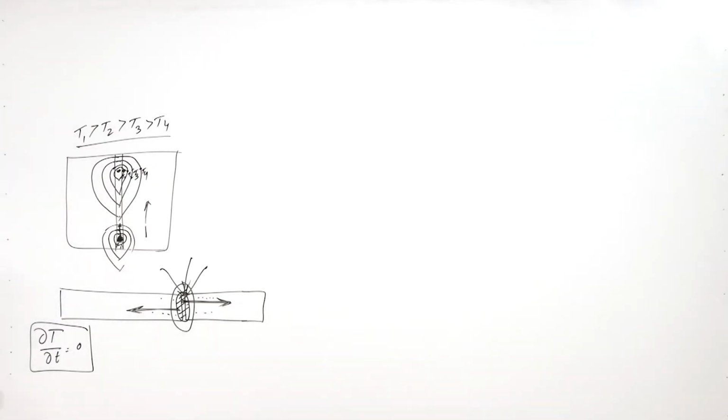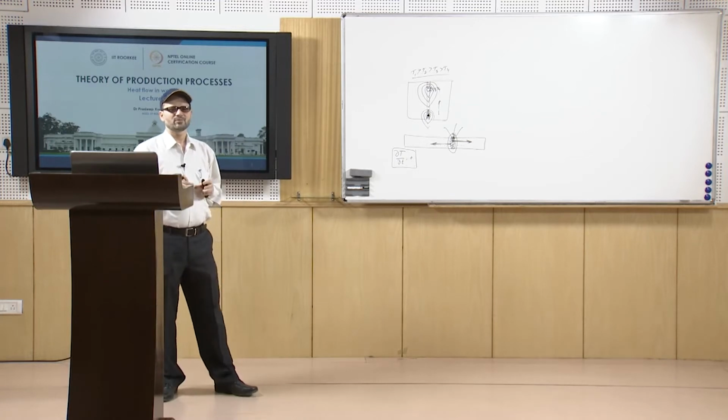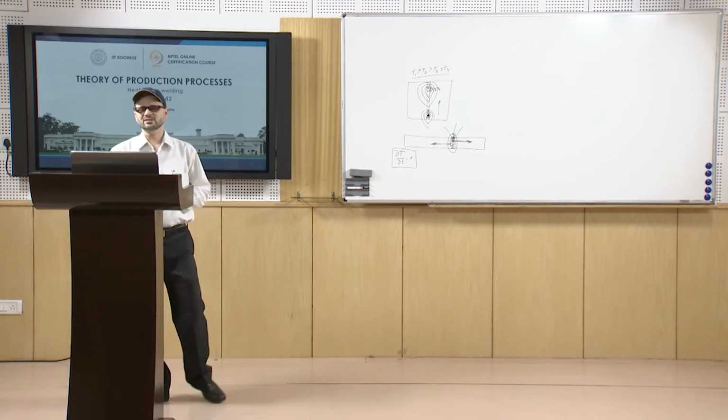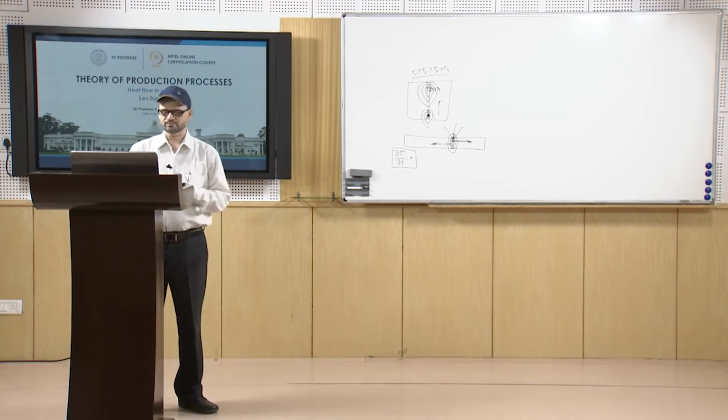This way these isotherms are drawn, which represent different temperatures at a fixed distance with respect to the heat source.